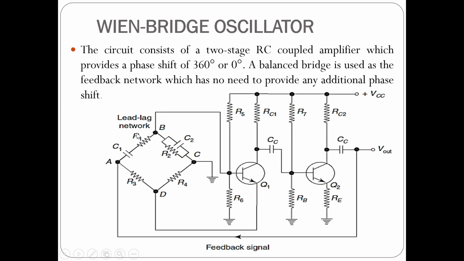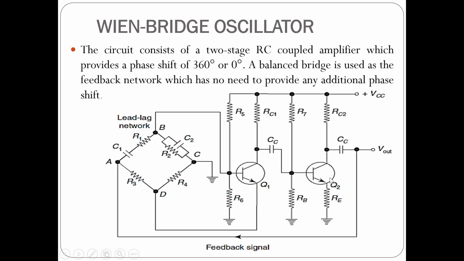So here this lag-lead network is used for these four arms. The arm A to B has a resistance and capacitance connected in series. Similarly, B to C has a resistance and capacitance connected in parallel. Similarly, R3 and R4 are individual resistances connected in this given circuit.